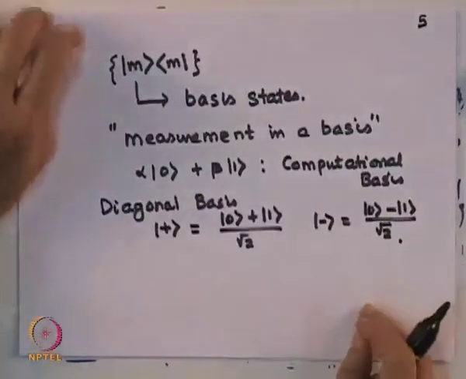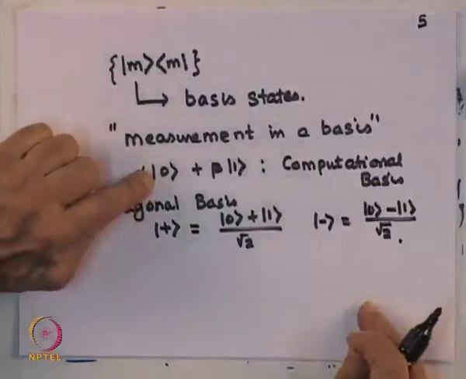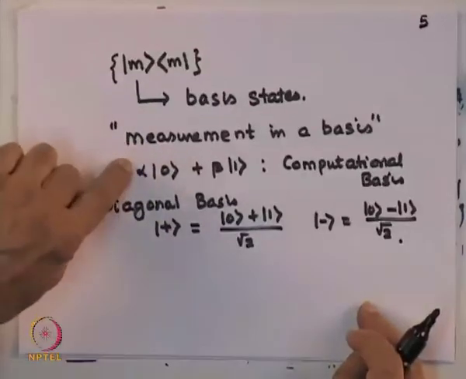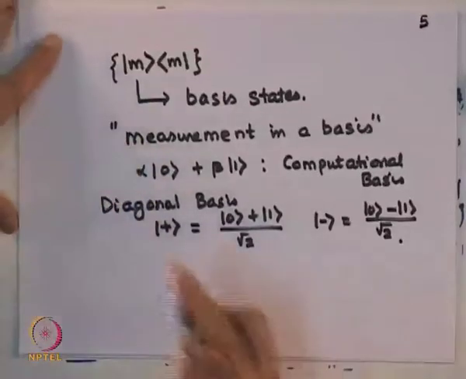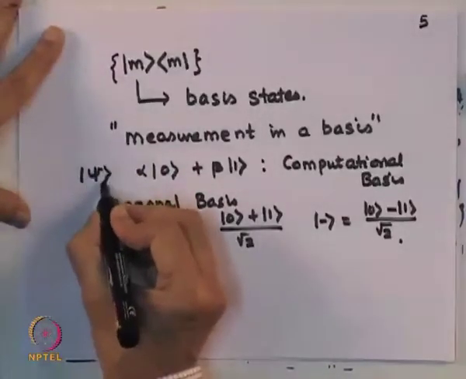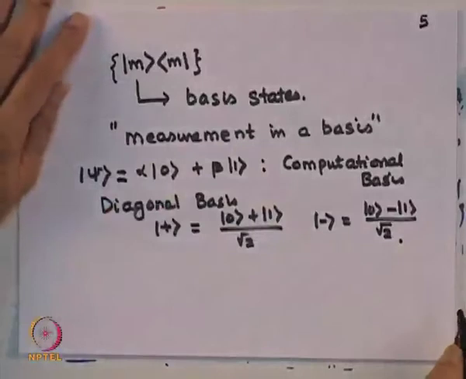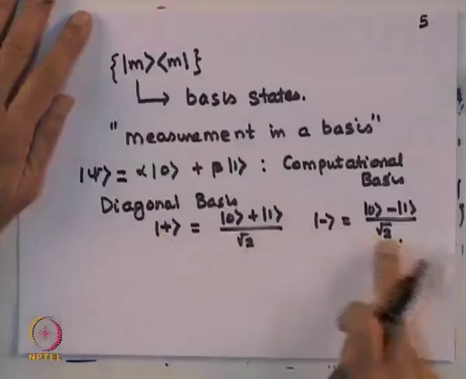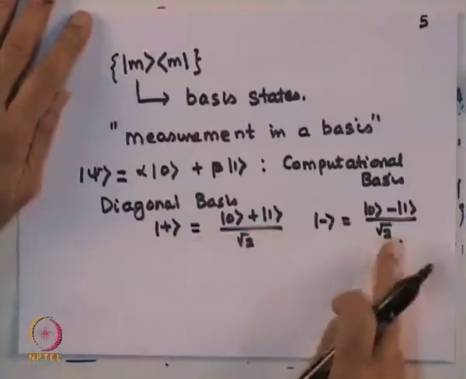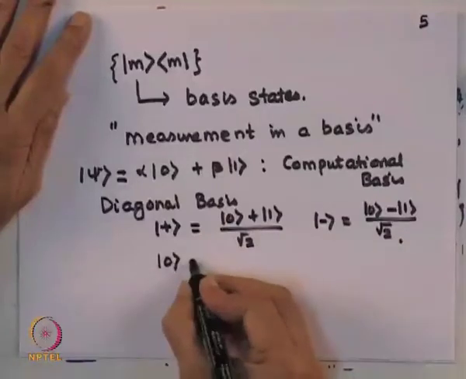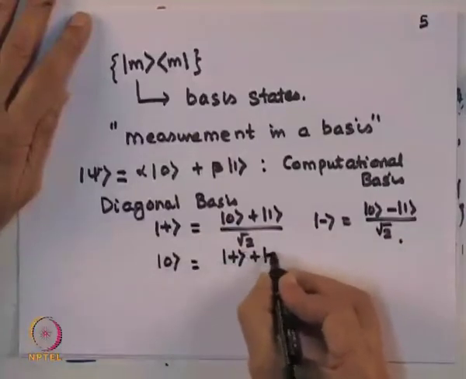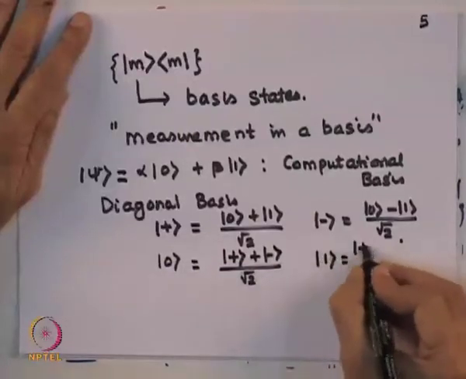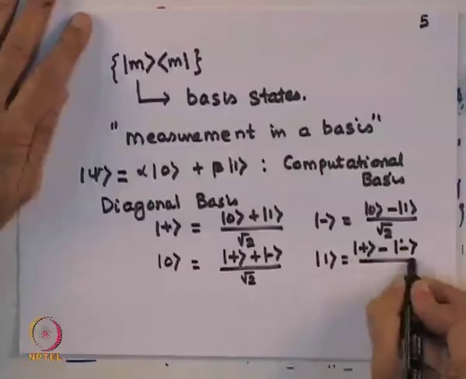Now, supposing I make a measurement of this state in this basis, the job that I have to do is to first express my given state psi, which is expressed in the computational basis, in the diagonal basis. Since plus and minus are given like this, I can express 0 as plus plus minus by square root of 2 and 1 as plus minus minus by square root of 2.